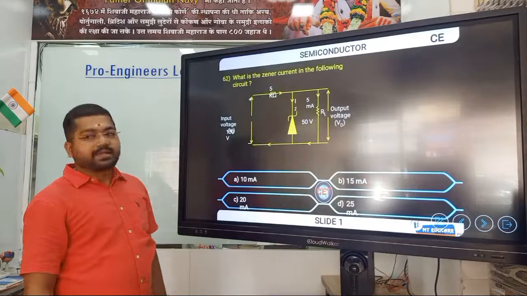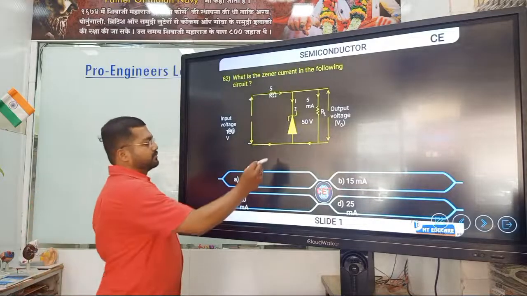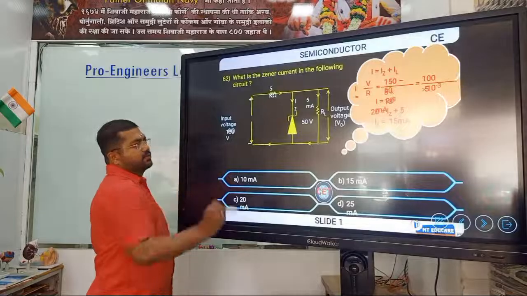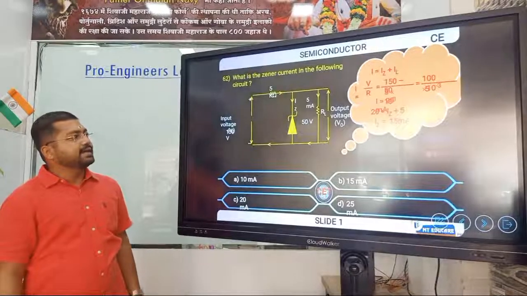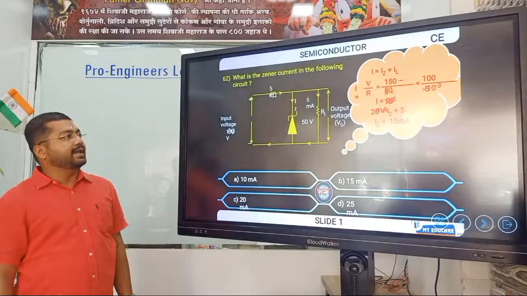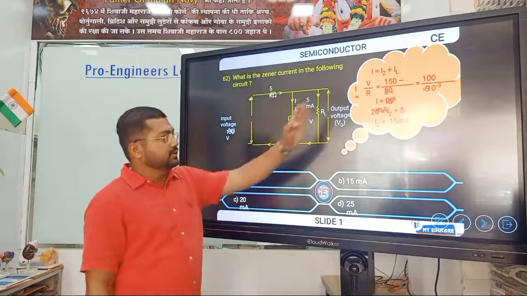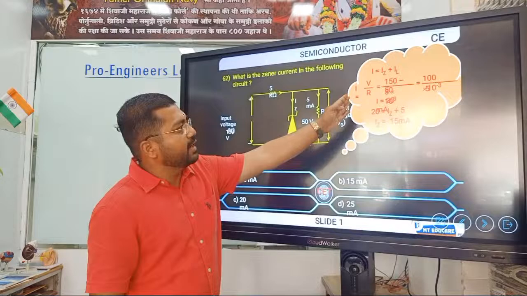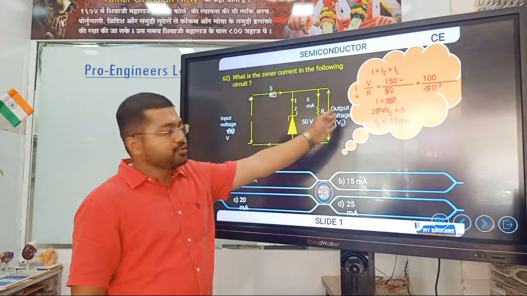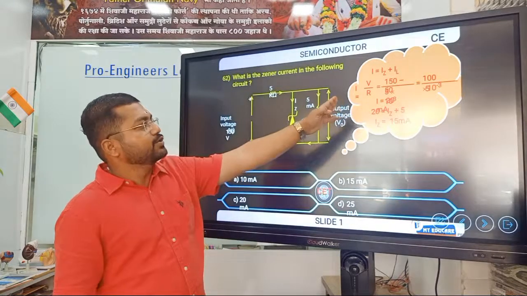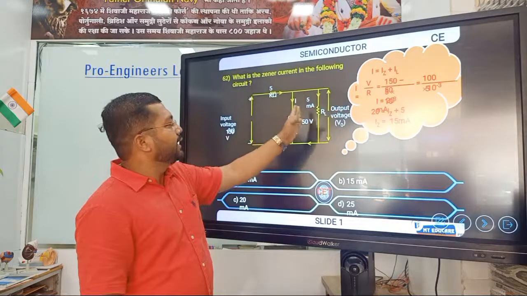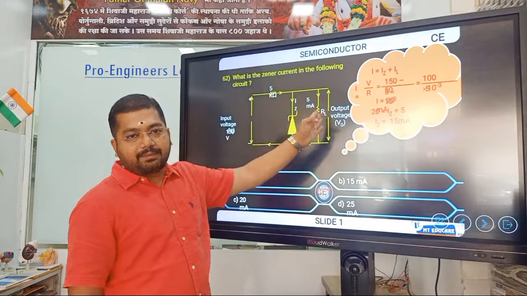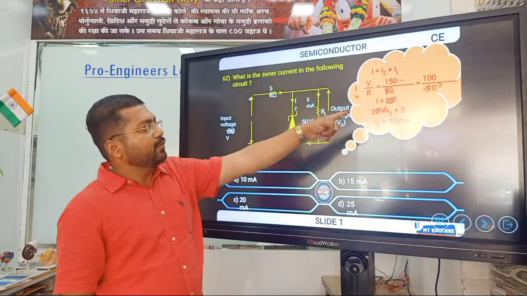So what must be the answer? We will see the calculations. I is equal to Iz plus IL, and that I is nothing but V upon R based on Ohm's law. If we put the values, 150 minus 50 upon 5 into 10 raised to minus 3, so that is 100 upon 5.